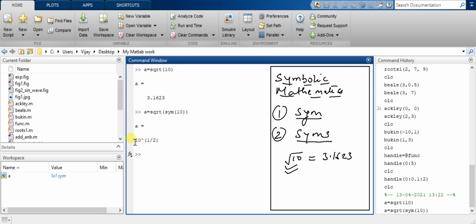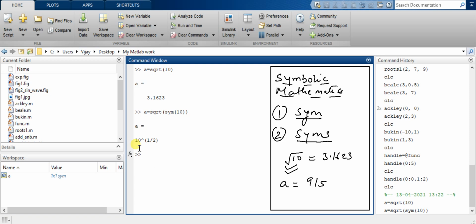Now next we want to calculate a equal to 9 by 5, both symbolically as well as in numeric value. So we can simply write a equal to 9 by 5.